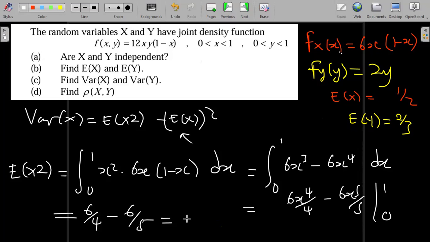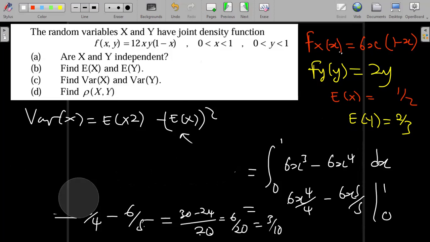Okay, so the expected value of x squared will just be, okay, the common denominator here will be 20. 4 into 20, it's 5. 5 multiplied by 6, 30, minus 5 into 5, it's 4. 4 multiplied by 6, 24. So this will just be 6 over 20, which is 3 over 10. Okay, so the expected value of x squared is 3 over 10.